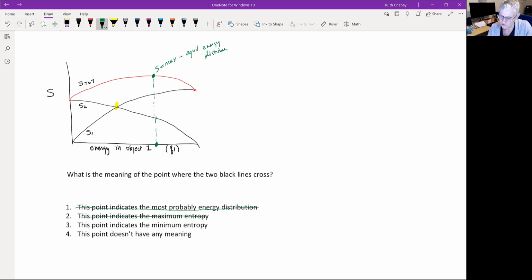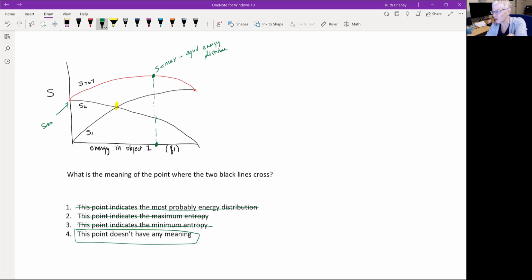Now the minimum entropy looks like it's here, and that's not it either. So it's not the minimum entropy. Unfortunately, this point, which your eye really wants to look at on this graph, actually doesn't mean anything. So the 5 people who said that are correct.